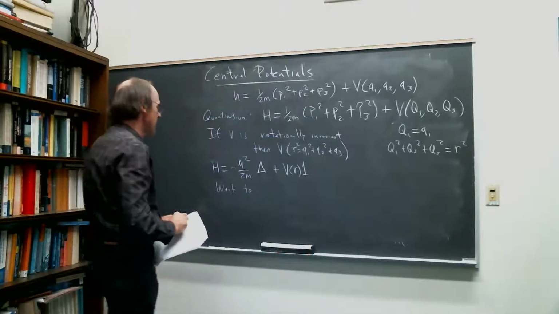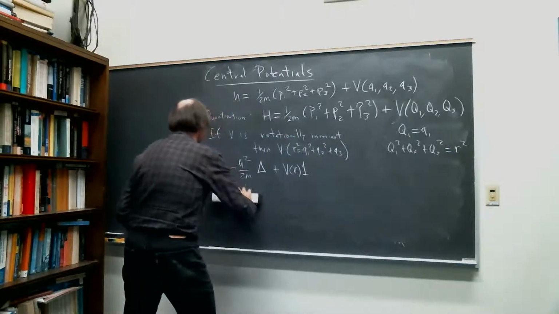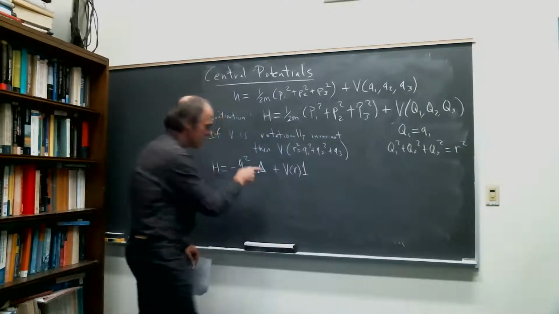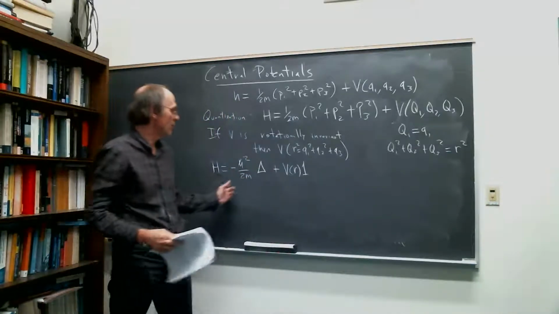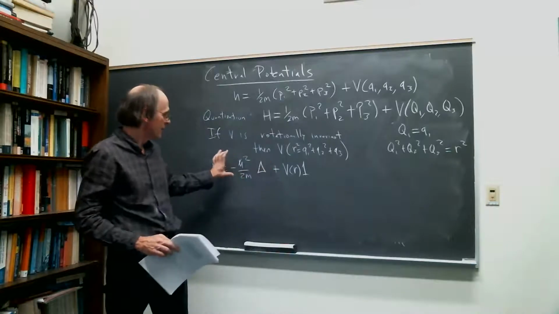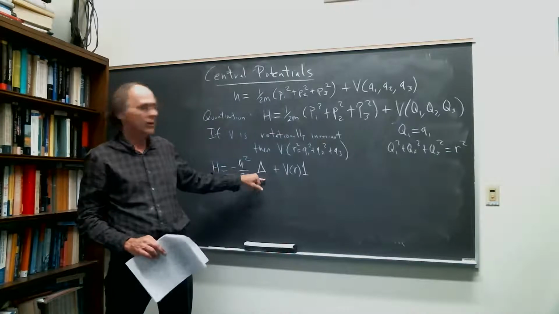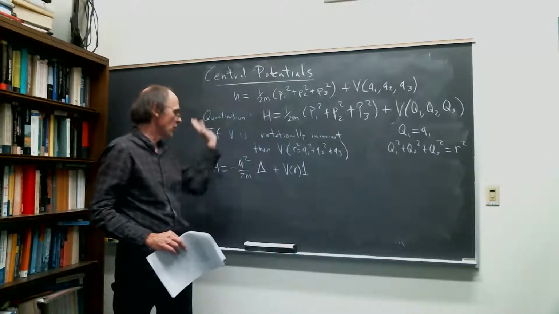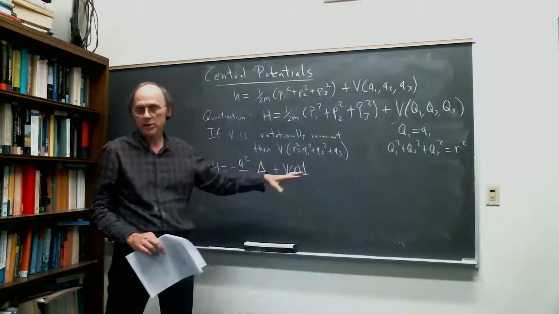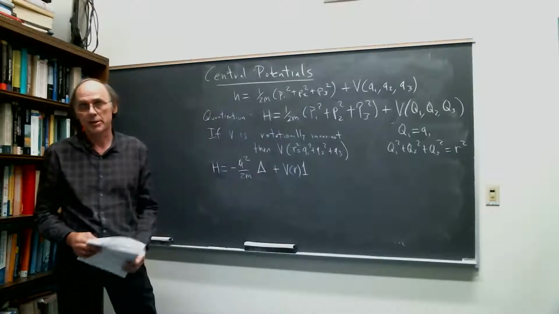Actually, sorry, let me go before I get to this. The next step is this is a second order differential operator. We want to find its eigenfunctions and eigenvalues, and those are going to be the energies.